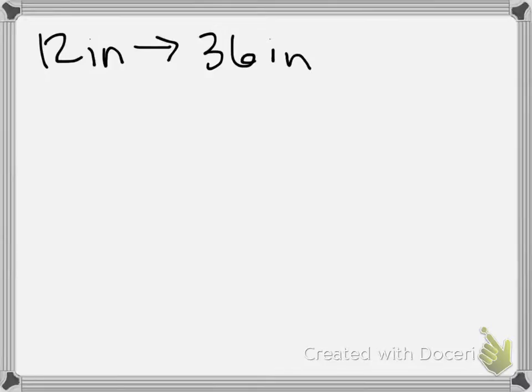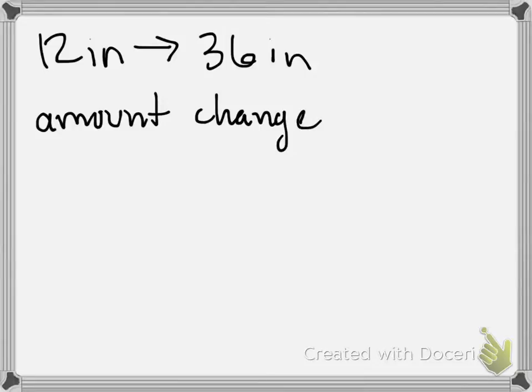So on number 8, we went from 12 inches, and our new amount is 36 inches. Alright, so again, if you remember, it's the amount changed, we'll make it past tense, over the original amount.